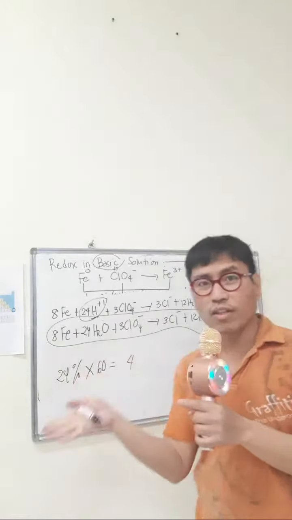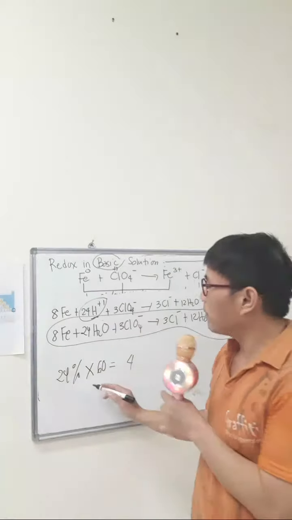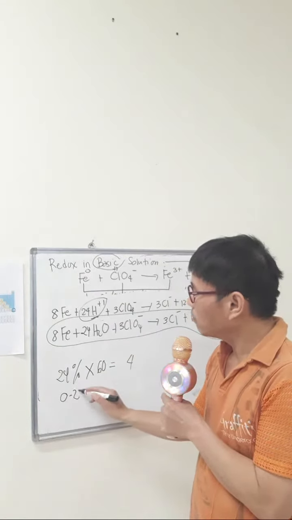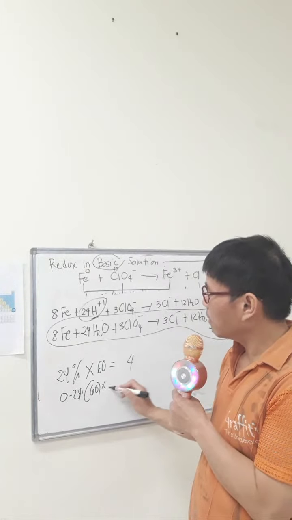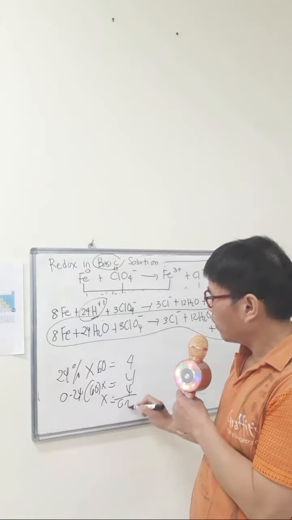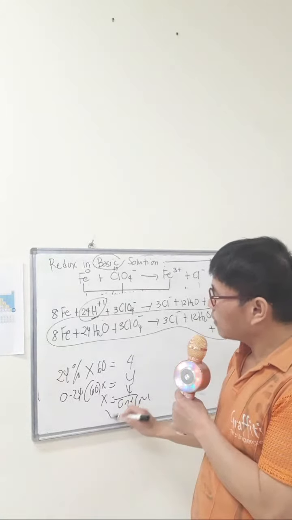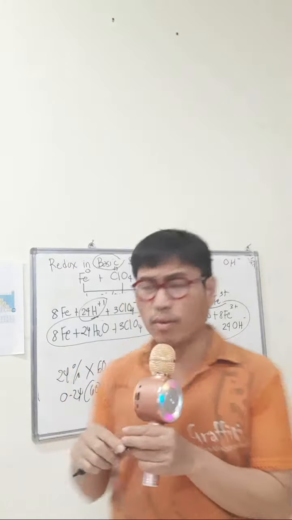Then solve the value of x. So 24% will become 0.24 times 60. X is equal to 4, then x is equal to 4 divided by 0.24 times 60. So this is your number. Things like that. You should remember also.